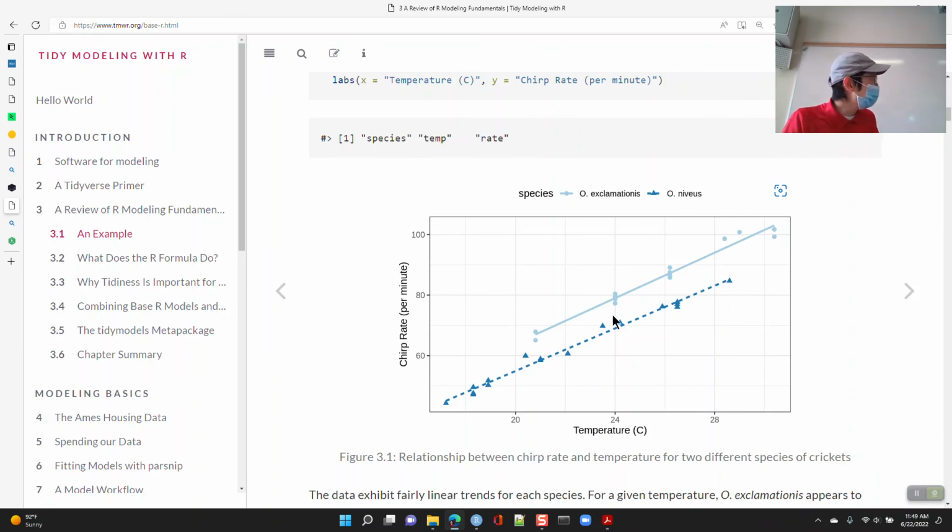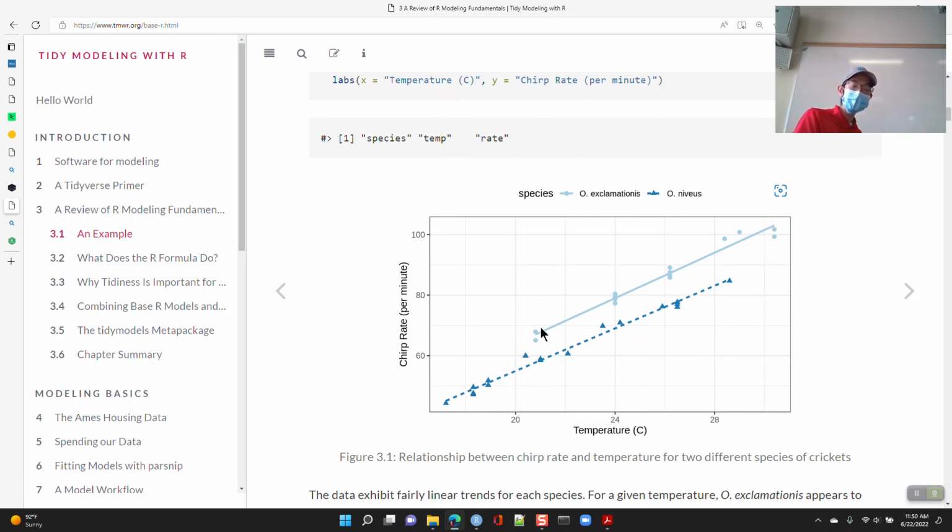And what we see is two lines that, for practical purposes, look parallel. So we don't see an interaction between temperature and species. It's not like for one species, changes in temperature drastically affect the chirping rate differently from the other one.